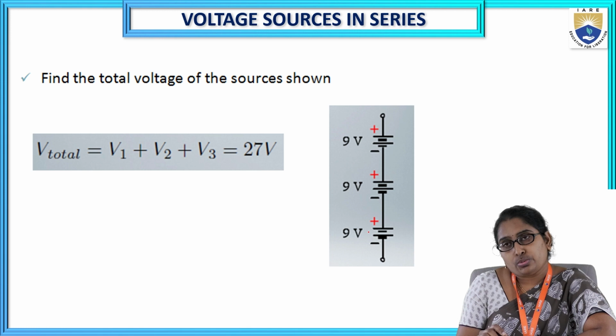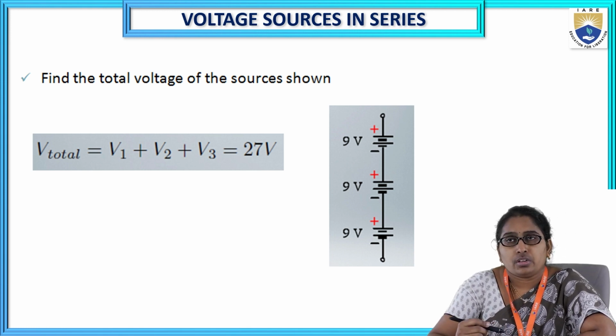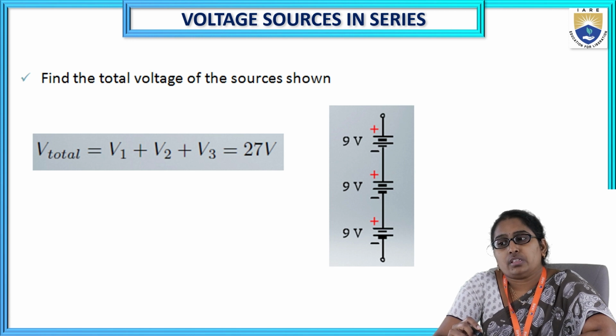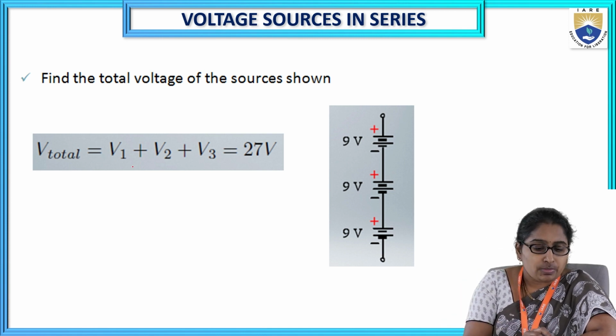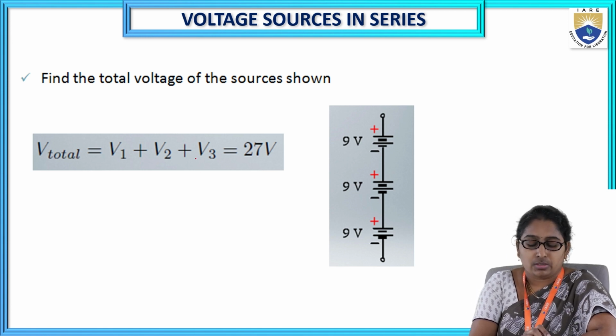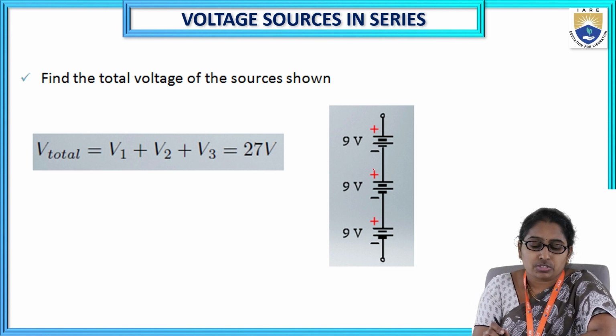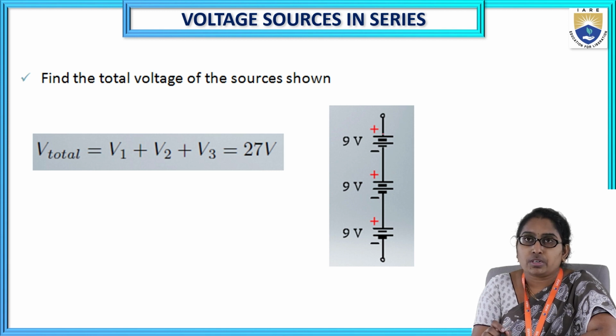We know that in a series circuit the total voltage is the sum of all the voltages. So V total is 9 plus 9 plus 9, where V1, V2 and V3 are the first, second and third sources. Simply 9 plus 9 plus 9 is equal to 27.